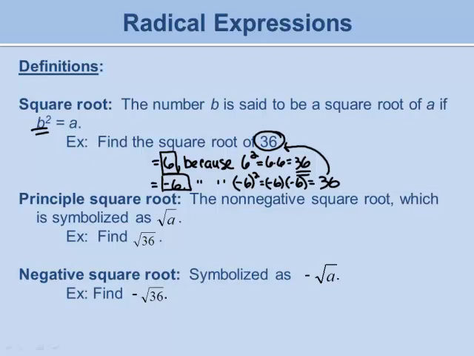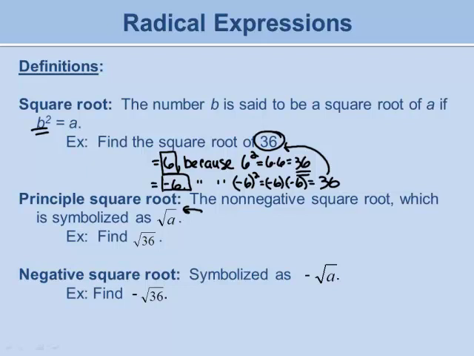Because there are two possible answers to that problem, to get only one answer per problem, a special type of square root called the principal square root has been defined. The principal square root is the non-negative square root, and it's symbolized using the radical symbol shown here in this video.